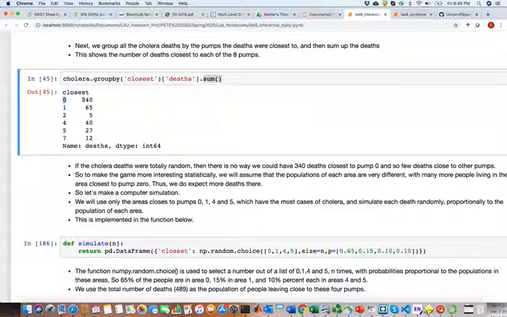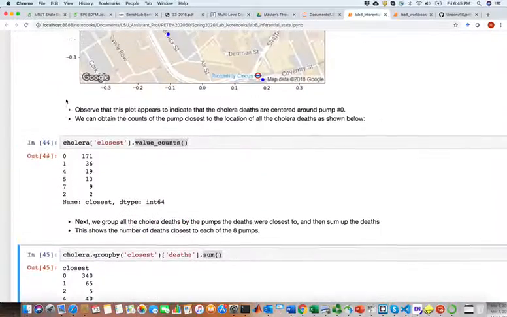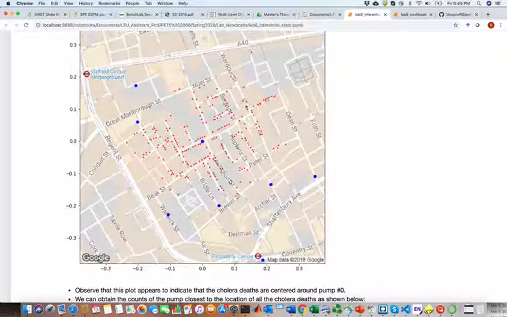This is not a binary case. So if the death is not due to cholera, it could be something else. Whatever that something else is will be your null hypothesis. So in this case, an intelligent null hypothesis will be that the death is not due to pump 0, but say it's because more people live in this neighborhood, right?